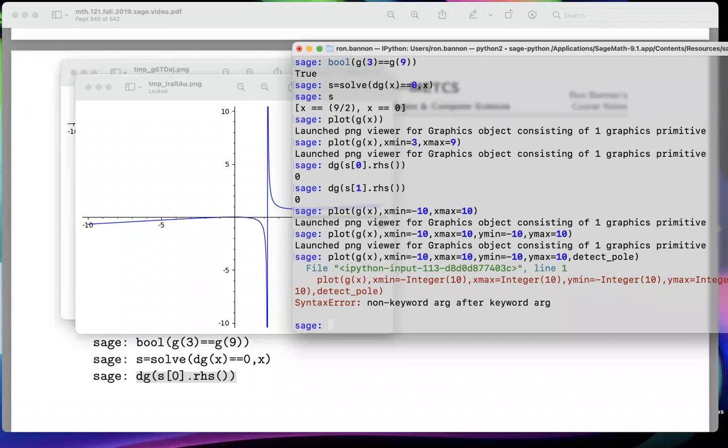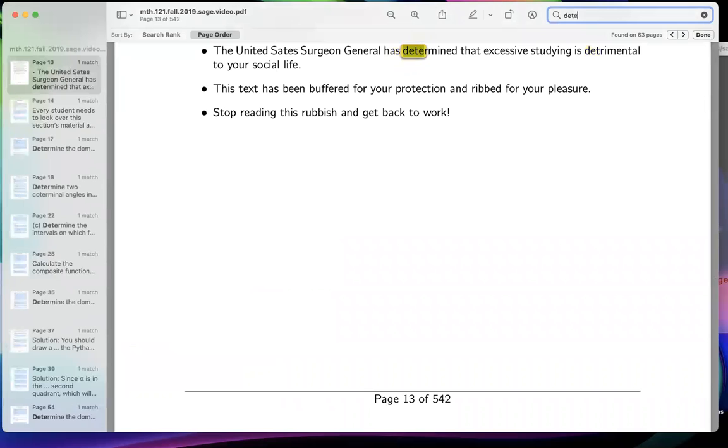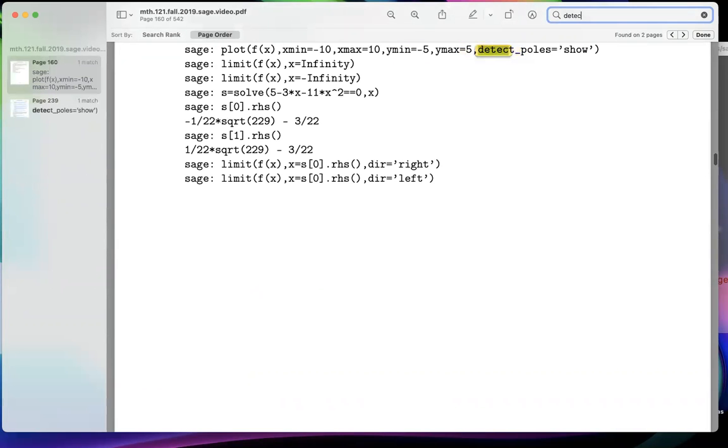What's the error? It says non-keyword argument after keyword argument. All right, so you say, I can't remember that. What you do is search the notes, find detect. And I see it now. You see that?